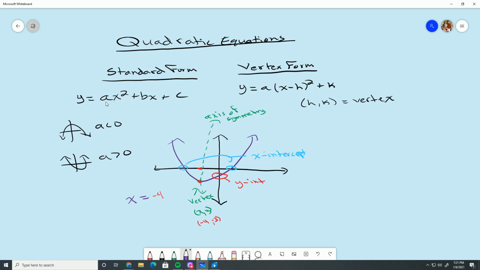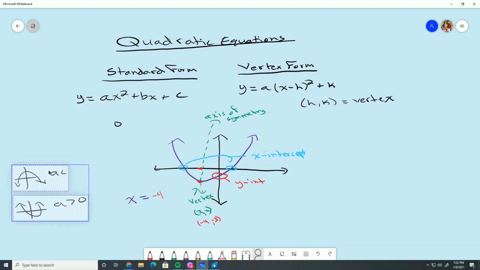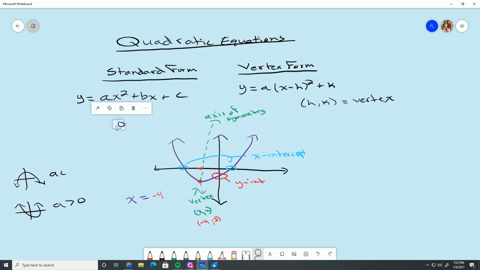And the way that you do that is by finding the axis of symmetry. So in order to find the axis of symmetry, I'm going to move what I just wrote, one second. All right. So remember, the axis of symmetry runs straight through the vertex.